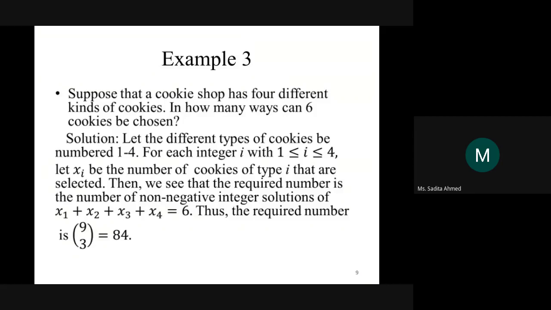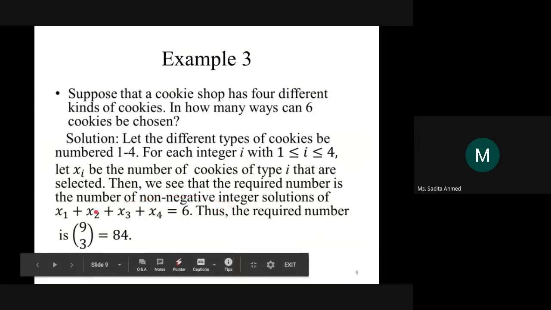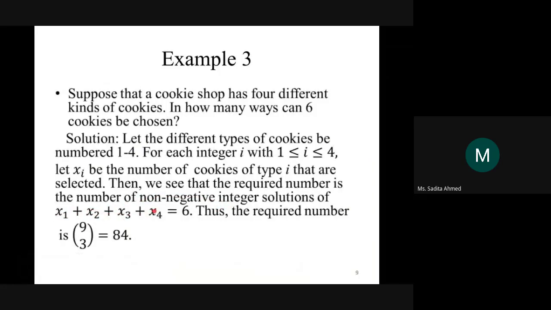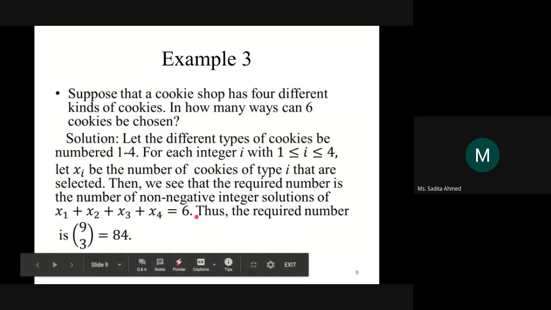So basically you're putting some stuff in each of these 4 boxes. x1, x2, x3, x4, we represent them with 4 boxes. So in the first box you put some cookies, in the second box some cookies, in the third box some cookies, in the fourth box some cookies, and the total number of cookies should be equal to 6. Now think about it.